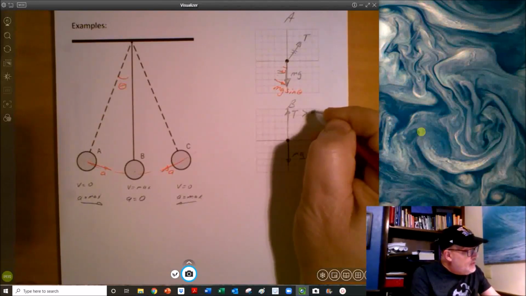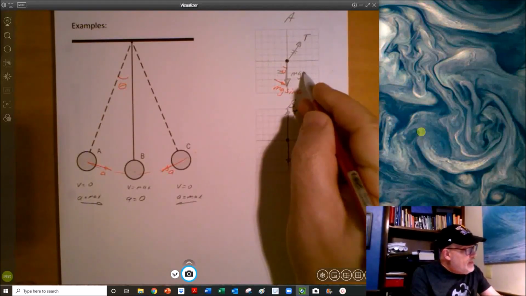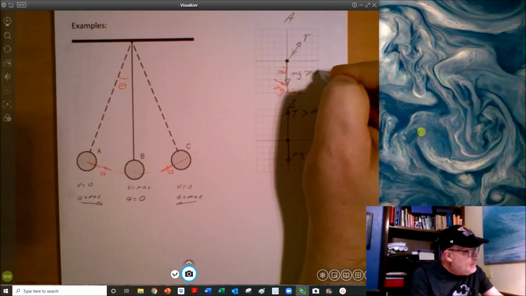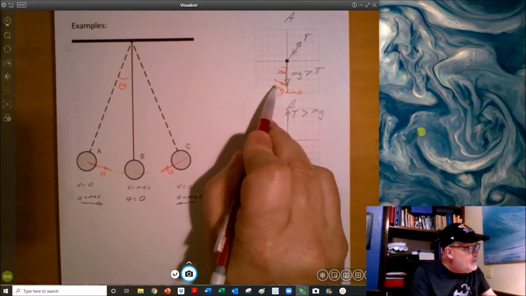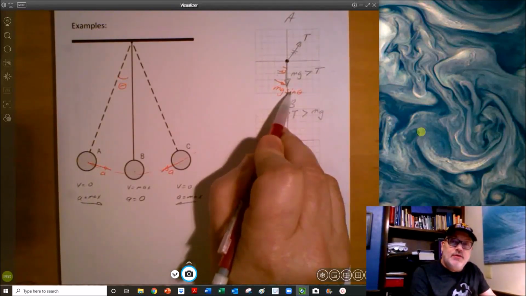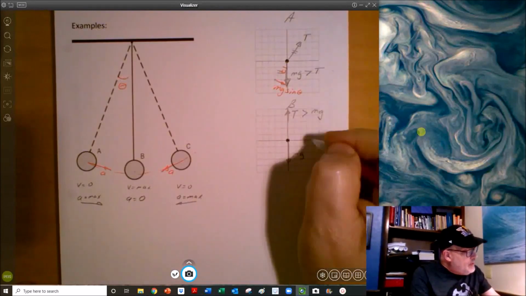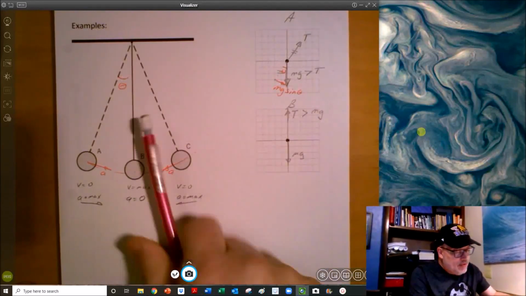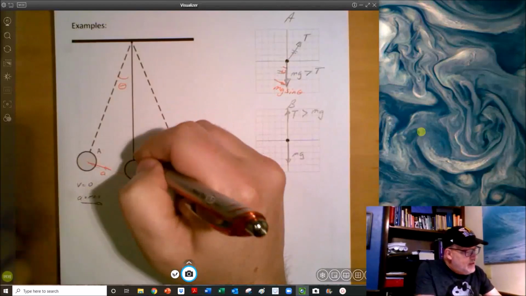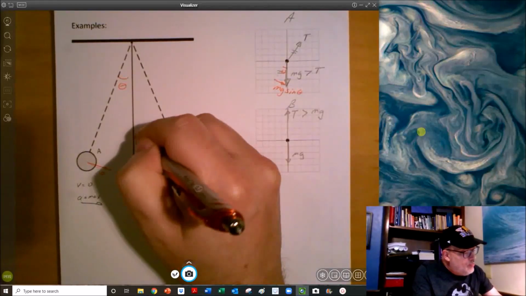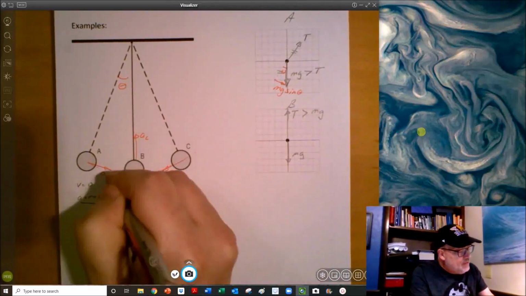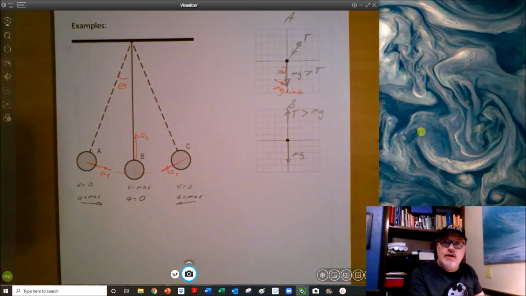So tension is greater than mg here, but over here on the ends, mg is greater than the tension because we have extra mg left over to make it accelerate back towards equilibrium. Here, we have a centripetal acceleration upward, where these are tangential. Okay, that's actually really complicated.